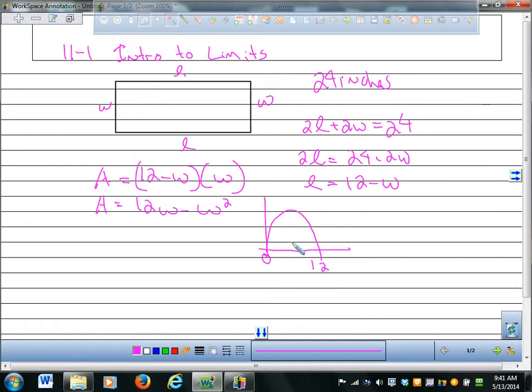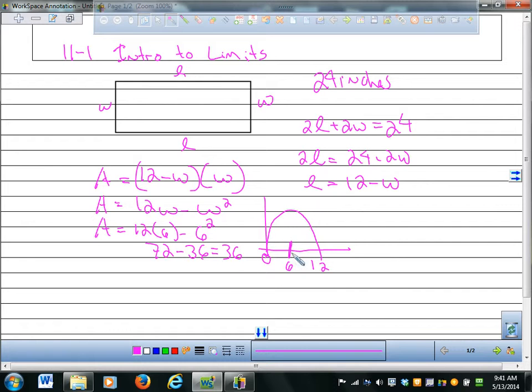6. So I could just plug 6 into my equation, and I would get the area equal to 12 times 6 minus 6 squared, which is 72 minus 36, which equals 36.